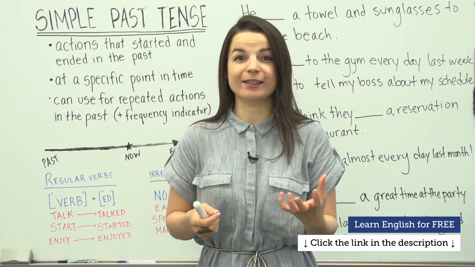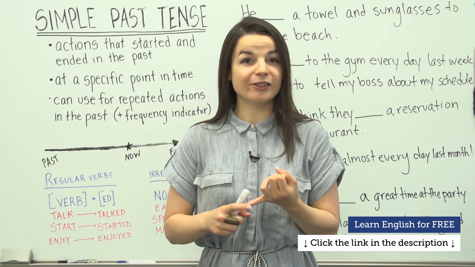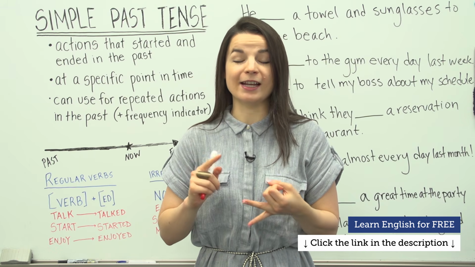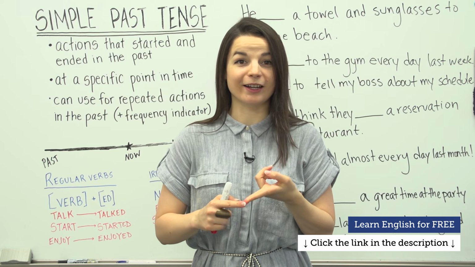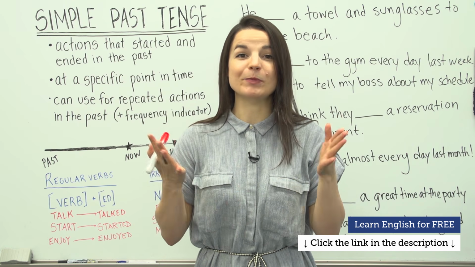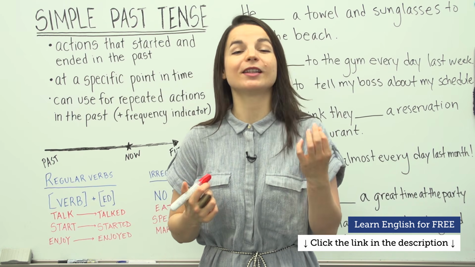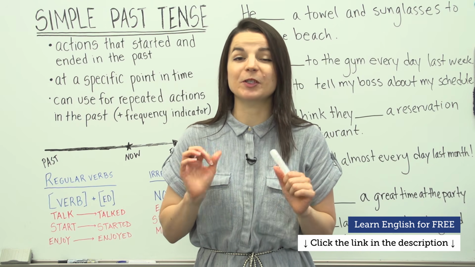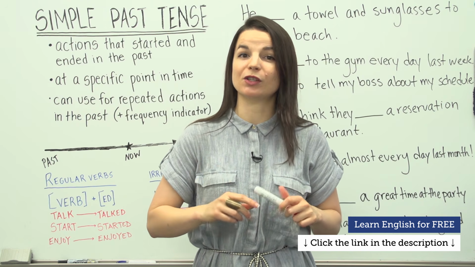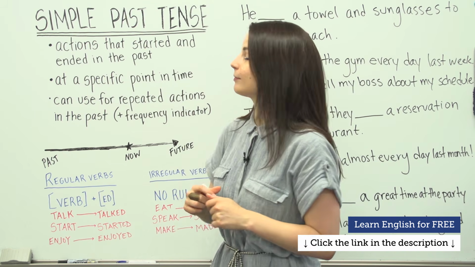So a specific point in time can be yesterday, it can be an hour ago, it can be last year, it can be when you were a kid. All of these are a specific point in time, but the key is that we know when the action happened. So specific point in time is point 2 for this grammar point.